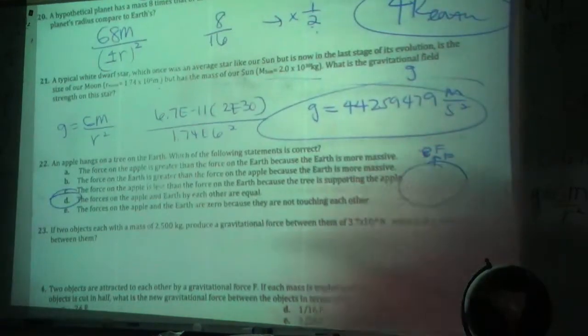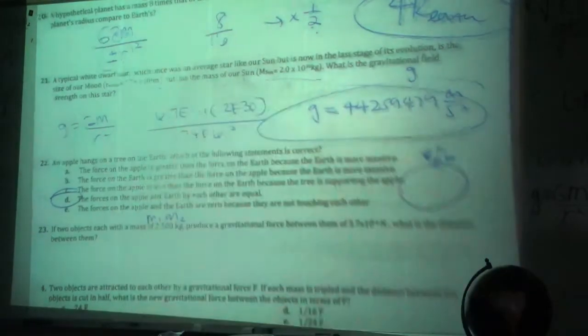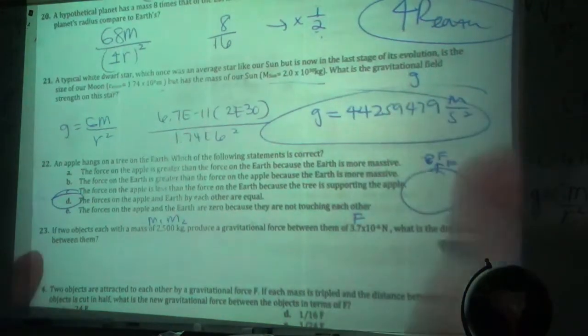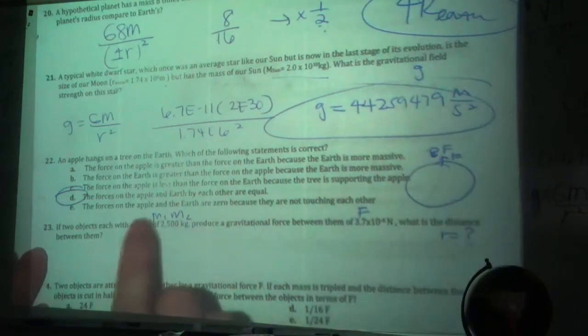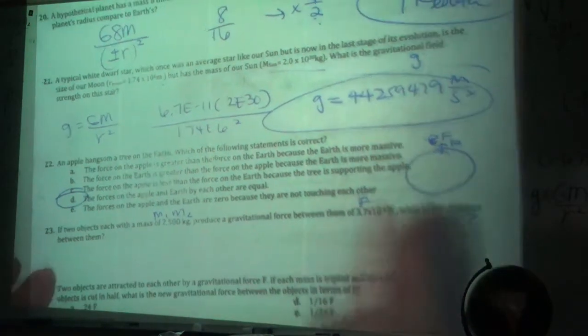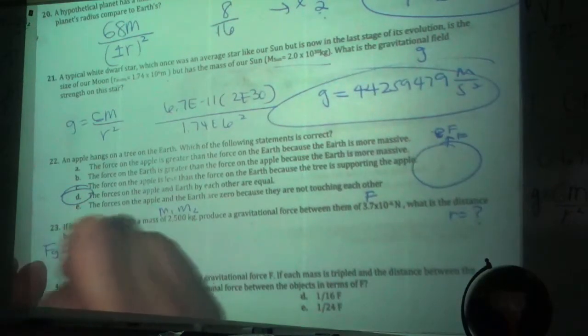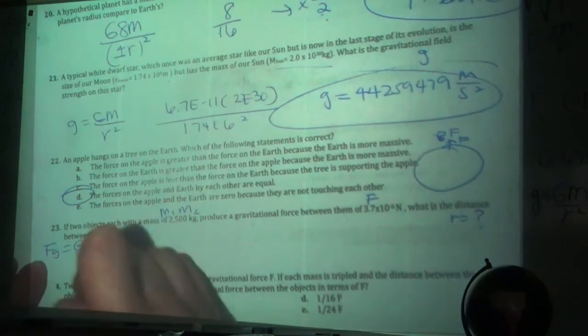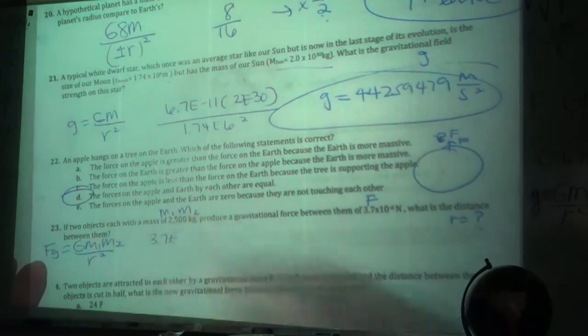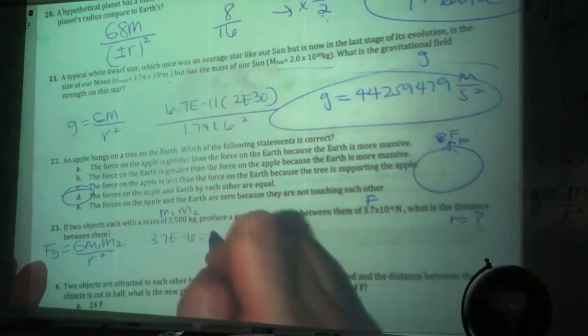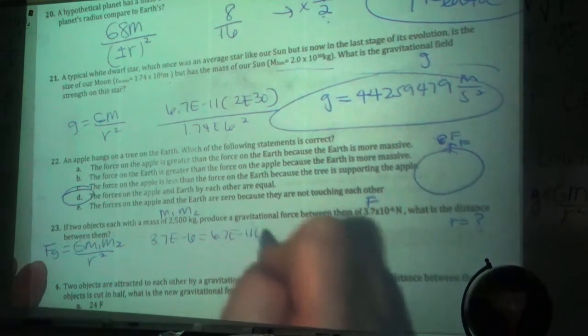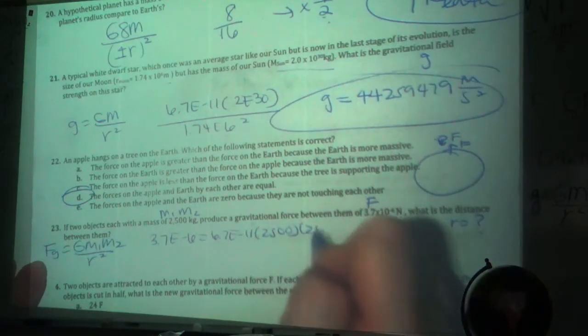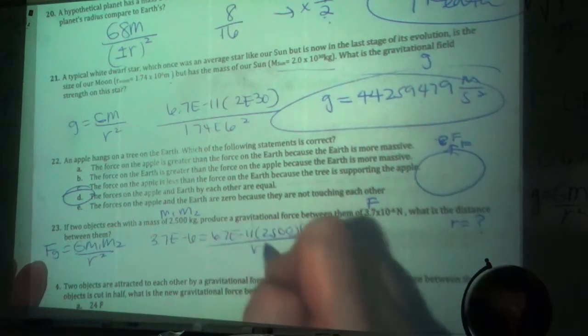Two objects each with this mass produce this force. What is the distance between them? So I have two masses, F, looking for R. That's our F of gravity equation. So 3.7 E negative 6 equals 6.7 E negative 11 times 2,500 over R squared.